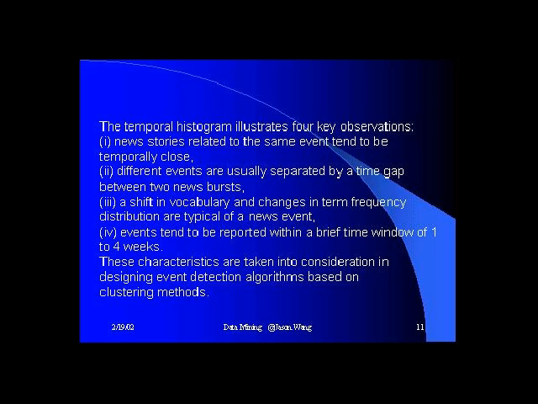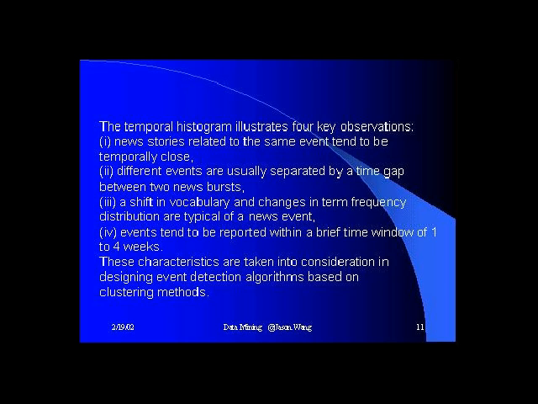Third, a shift in vocabulary and changes in term frequency distribution are very typical of a news event. In these days, people are talking about Michael Jordan, sports, and comparing him with Kobe Bryant. At another time, people are talking about different things, so the vocabulary changes, and terms change for different events.